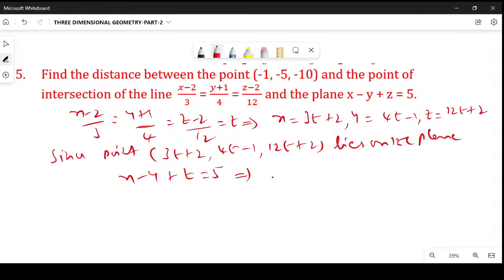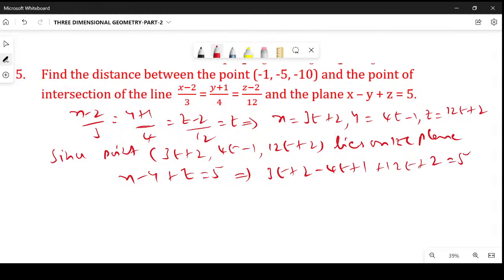Substitute in this: (3t + 2) - (4t - 1) + (12t + 2) = 5.